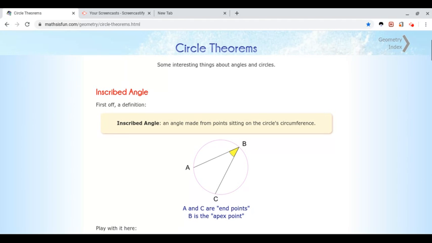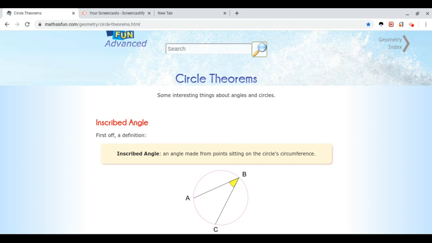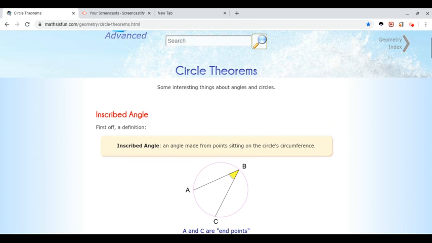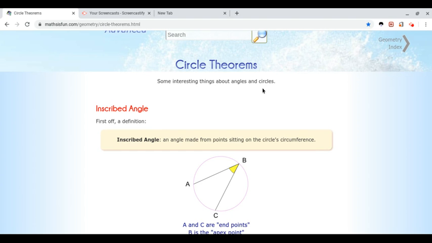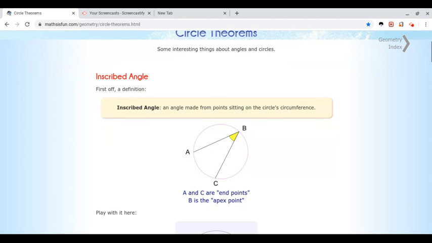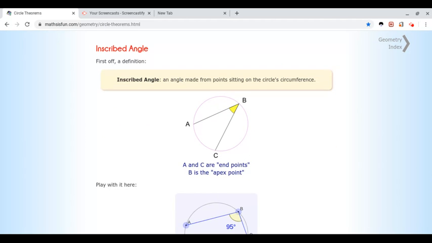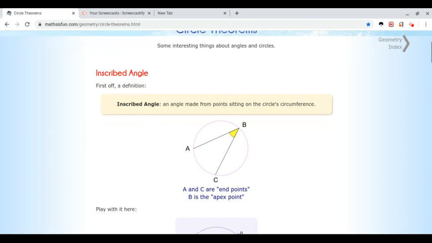So for today, I have a part of the lesson where you go online, and here's the website. It's mathisfun.com. You're going to go to the geometry section with circles and theorems. Part of it is getting to explore these important vocabulary terms.